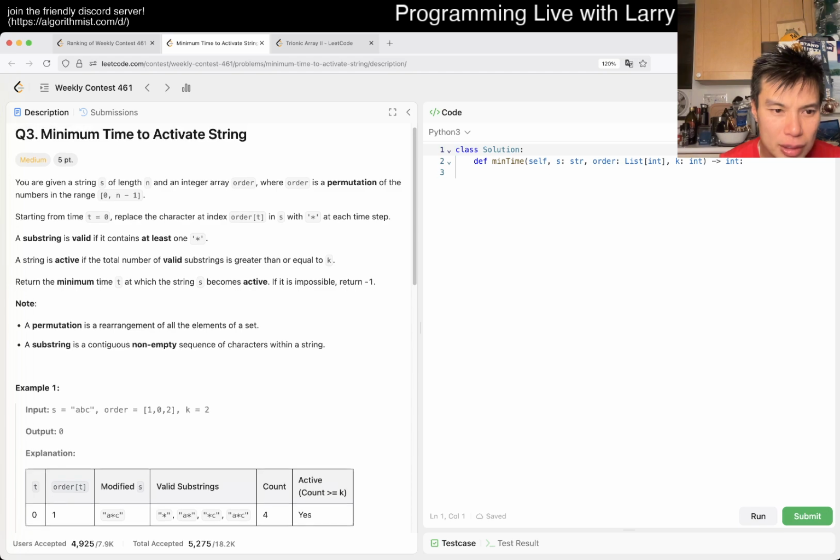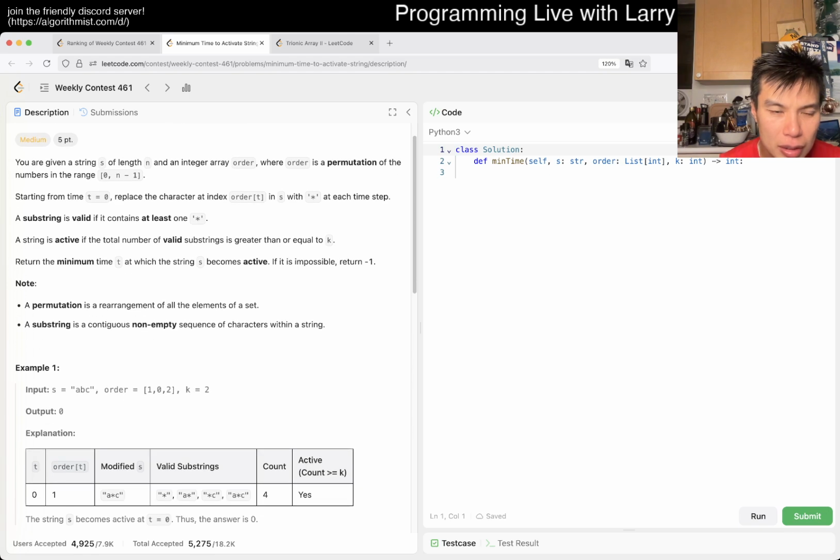At least 1 star. A string is active if the total number of valid substrings is greater than or equal to k. Minimum time in which it becomes active.